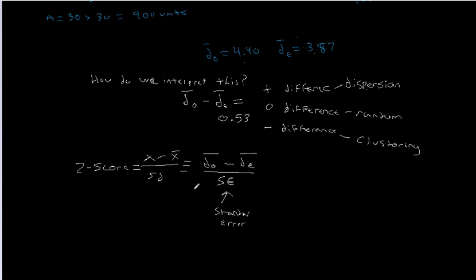So standard error is actually a pretty easy thing to calculate. The equation for standard error is simply a constant, because you see a lot of constants come up in equations like this, 0.26136.